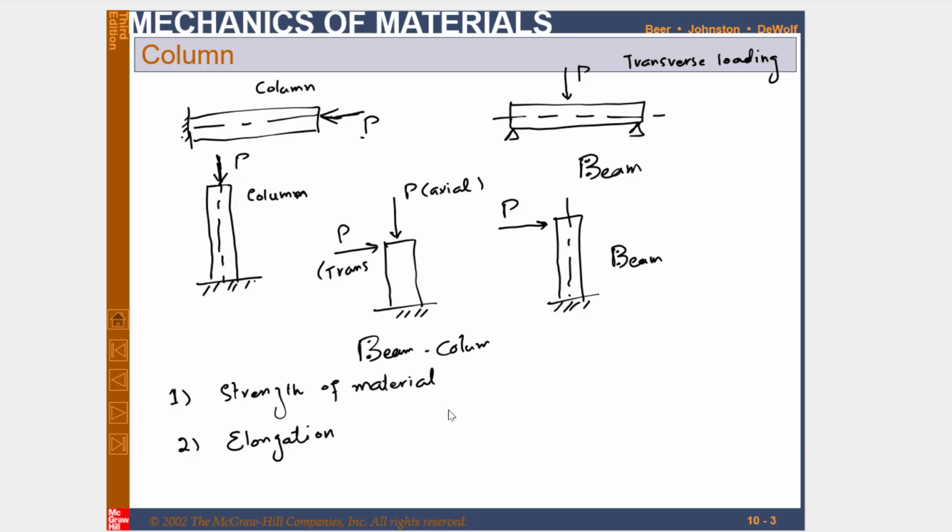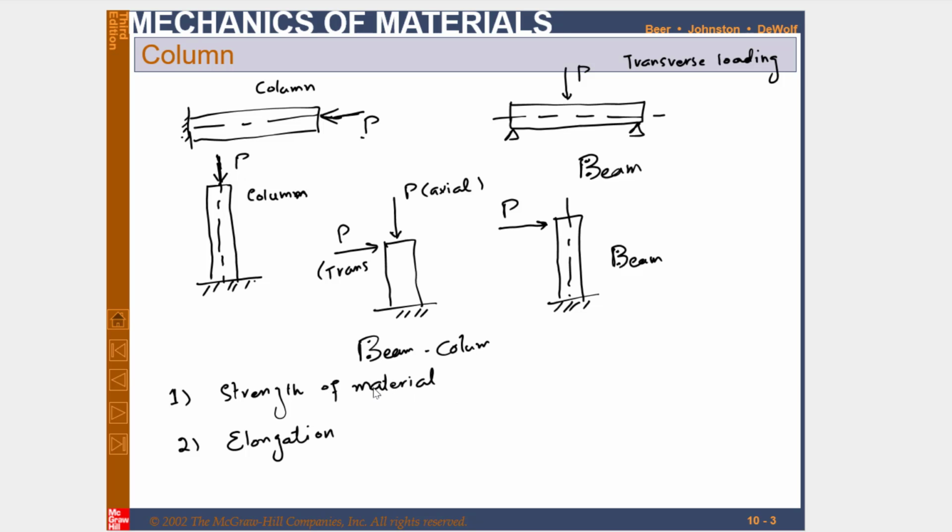So by strength of material, we mean the ability of any member to support a specified load without experiencing excessive stress. So without exceeding a specific stress, the material can bear the load.